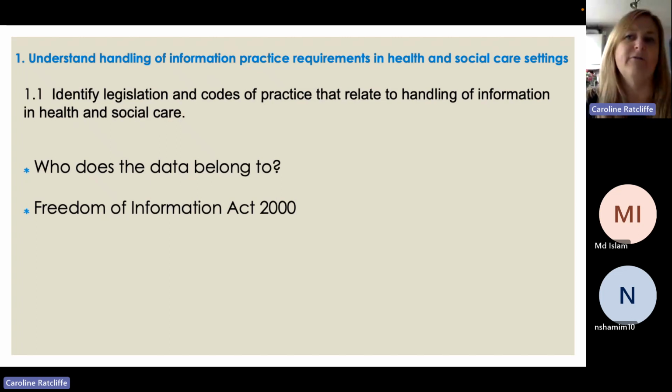Now, for health and social care, to be fair, because we're quite generous with sharing the information if we need to with the patient, why wouldn't we? It's their information. But you would have to do a Freedom of Information request to perhaps your local hospital in the event of a death of a loved one. So it might be a partner, a child, a sibling, a parent, a grandparent.